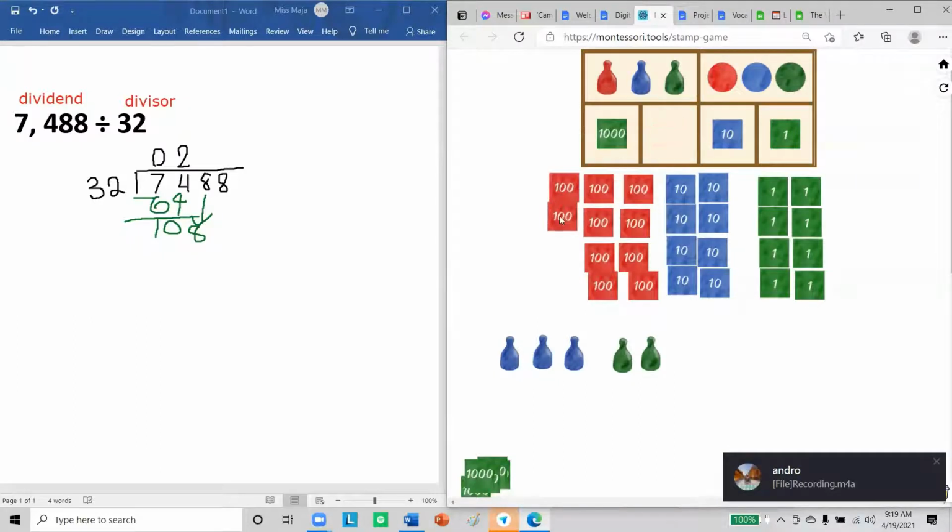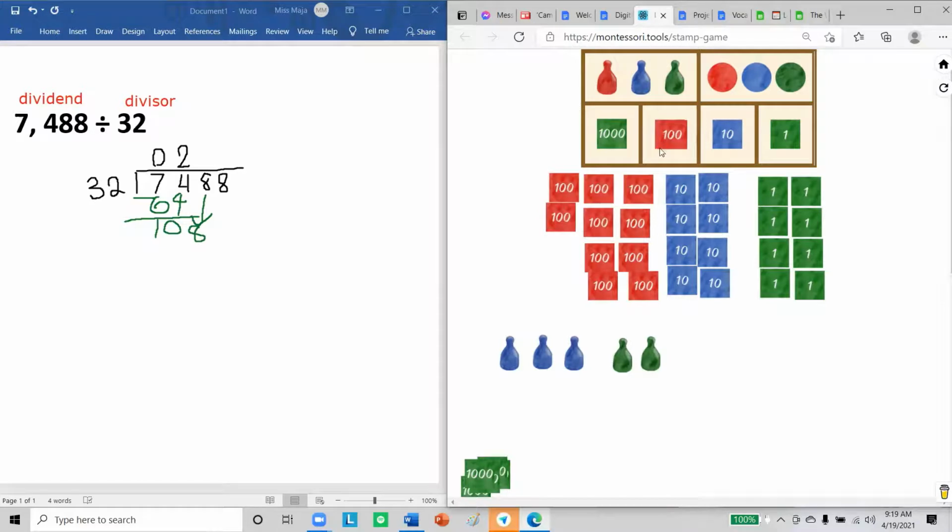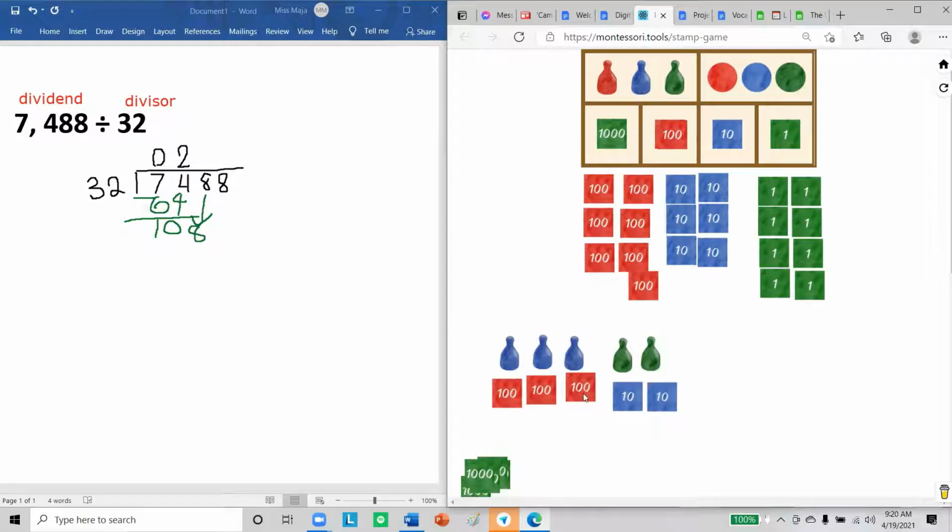108. So we could also guess, no? How many 32s do you think are in 108? We could have a slight guess right now. Estimate it. I think it's around 5. No, it's 3.